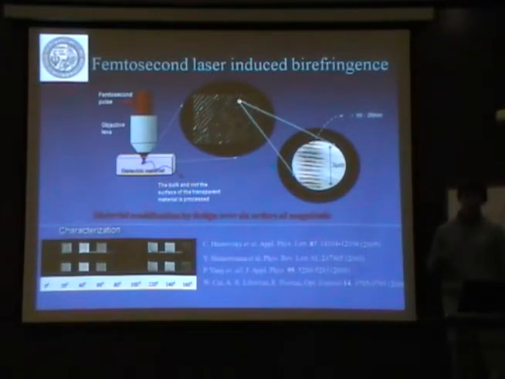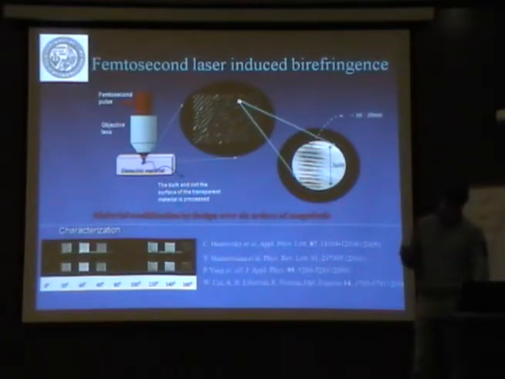So why is there a plasma there? These are short pulses, and as I believe Ivan talked about, they have very high instantaneous power. That generates free electrons that create a plasma eventually by multiphoton processes, and avalanche and things like that. So you generate the plasma, and then the plasma generates these structures.